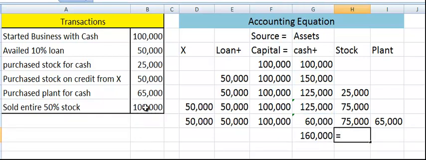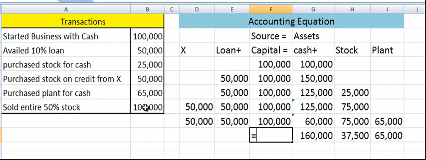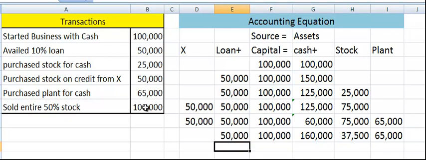The stock will reduce by 50%, so I'm writing 0.50. No change in the plant, no change in the capital, no change in the loan, no change in Mr. X. But you observe the assets will not be equal to cash because you are selling the goods at a profit. So therefore you are making a profit, we'll see that.